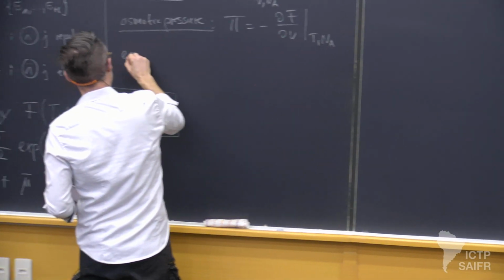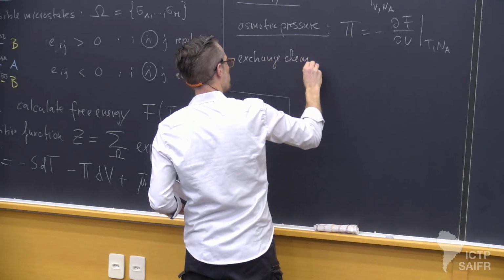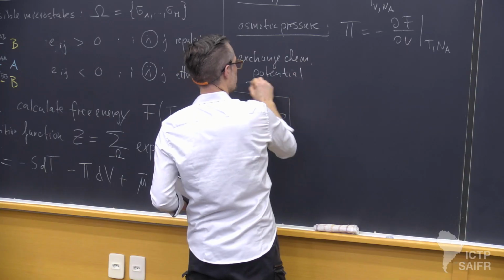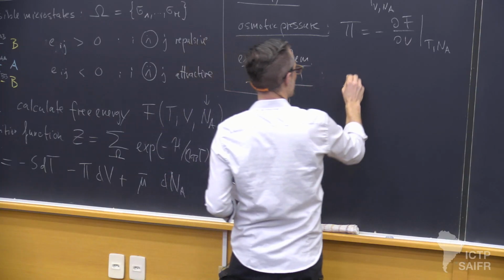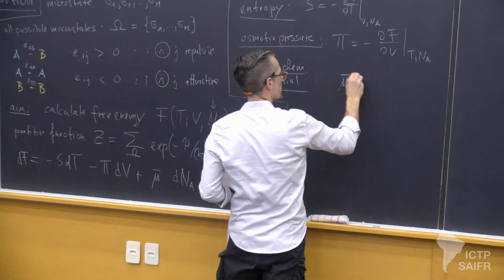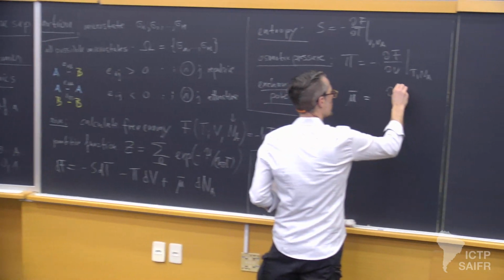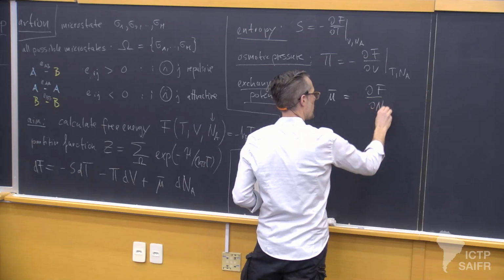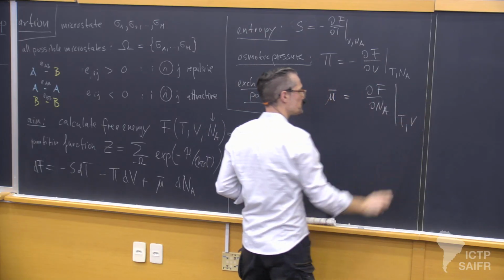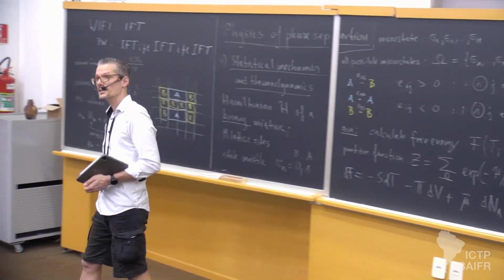And the exchange chemical potential, a very important object for the entire lecture, mu bar, is simply the derivative of the free energy with respect to the particle number at fixed temperature and volume. Okay? So, short explanation, of course you can derive this.